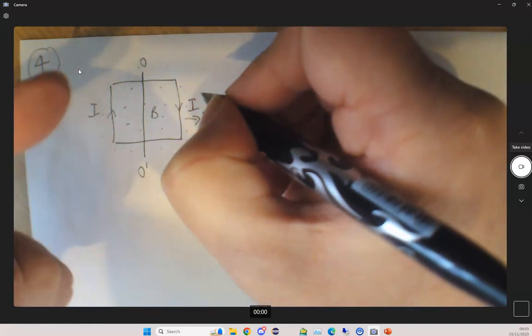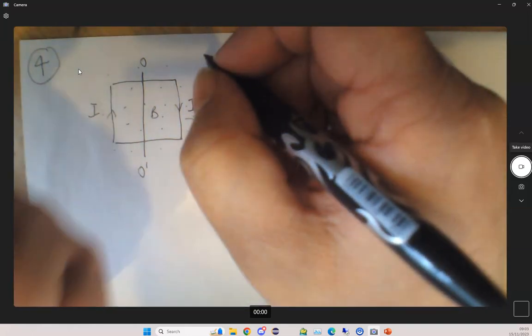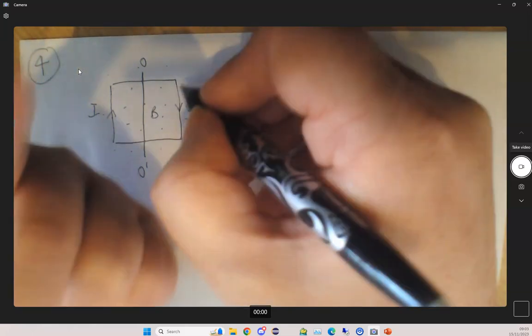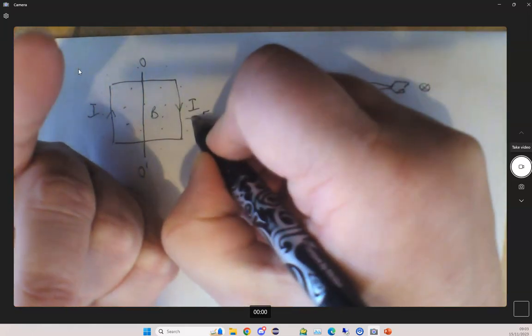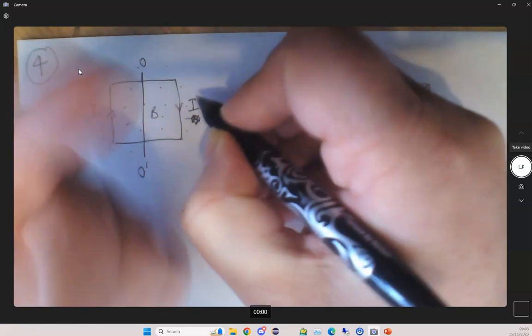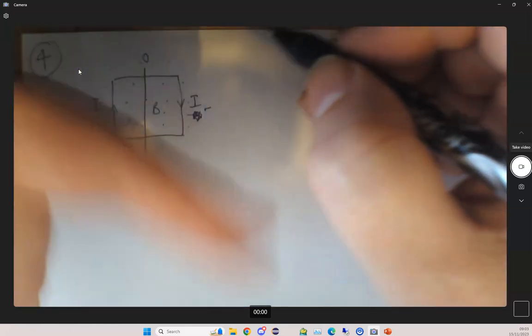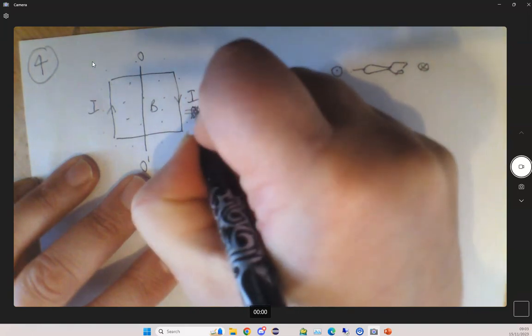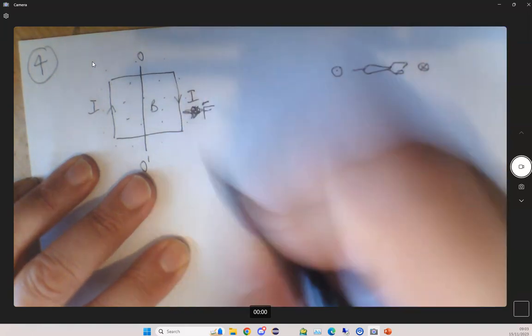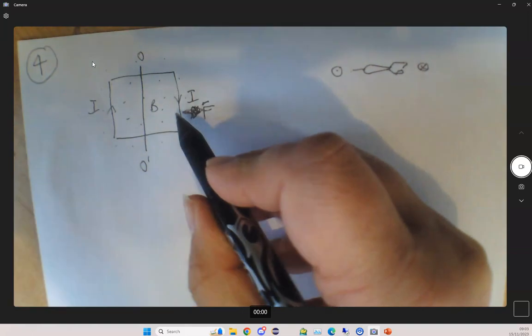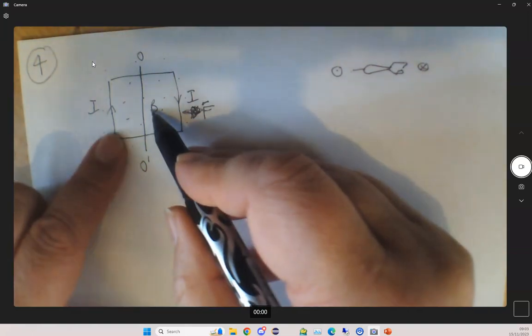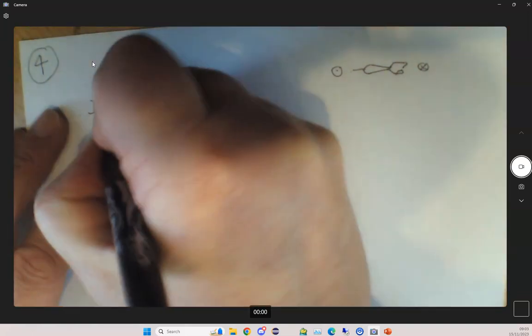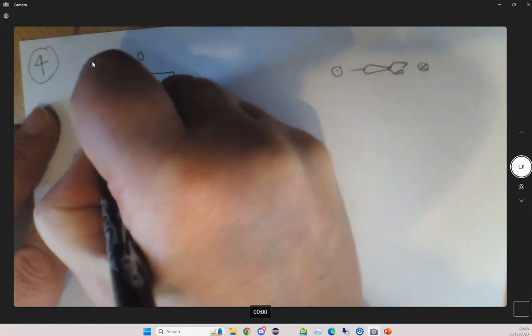If I use Fleming's left-hand rule: field B coming out of the page, current running down, therefore the force goes in this direction. On the other side, same magnetic field, opposite current, so the force will be going in the opposite direction.